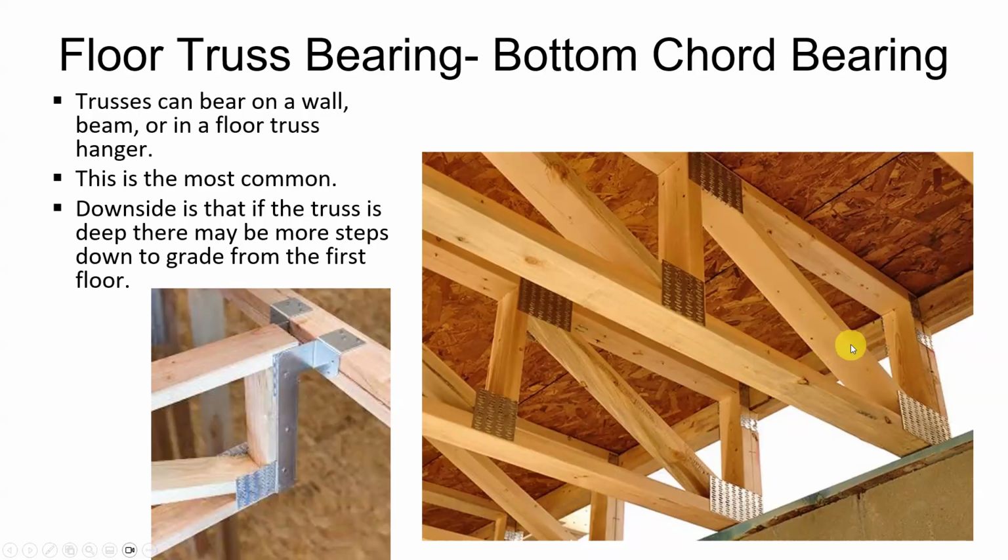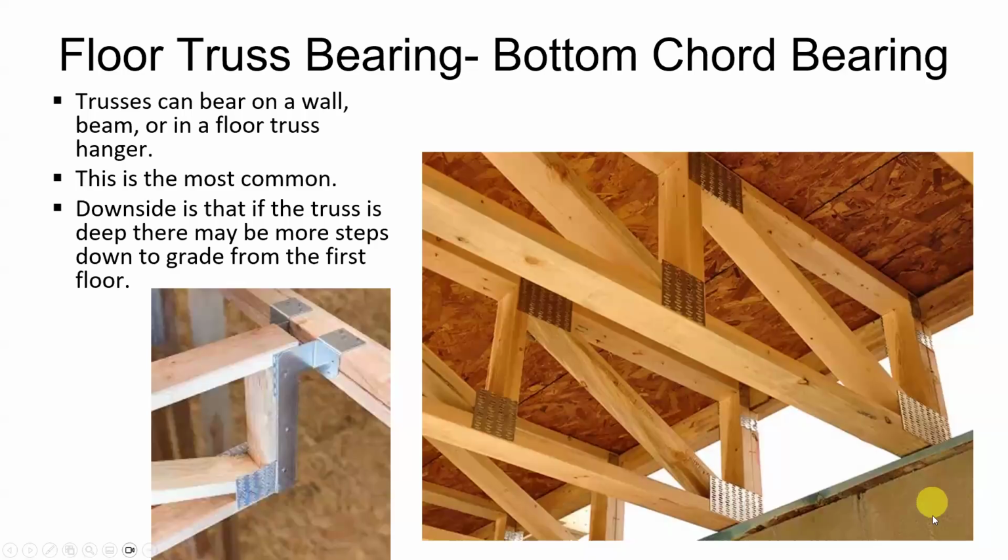So the downside to this is that, let's imagine we're doing a house and we want wheelchair accessibility. By code, our grade has to be 6 to 8 inches below the first piece of wood on the house. We can't run our dirt up along the trusses, right? Because it would rot all the wood out.